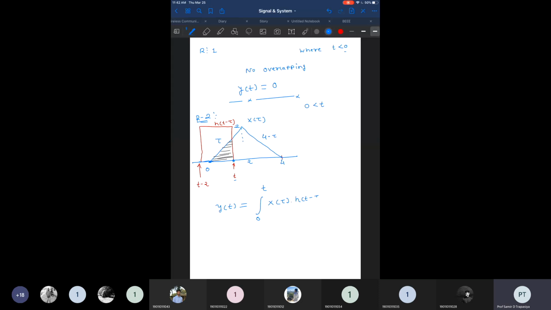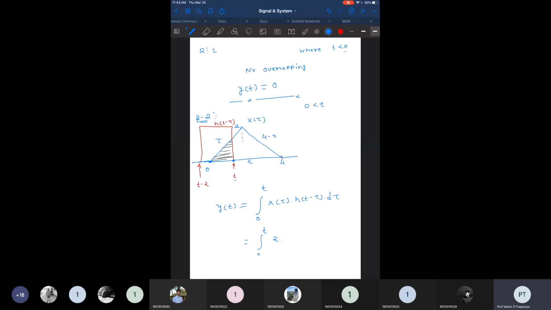Taking the integration, the 2 is outside, and if we take the integration of tau d tau, that is tau square by 2. If we apply the limit 0 to t, the 2 will be cancelled out, so we are left with only t square as the answer, t square minus 0.